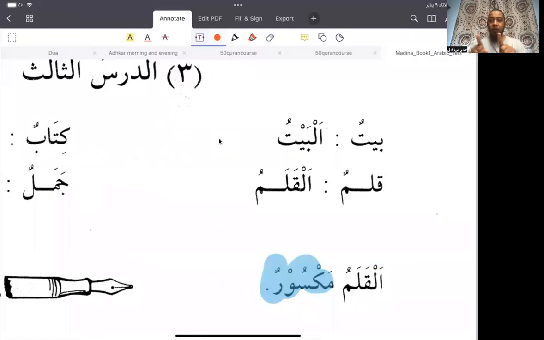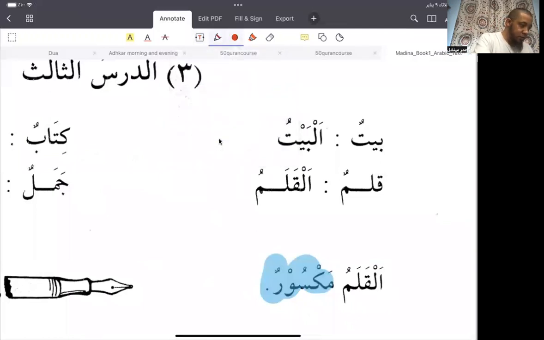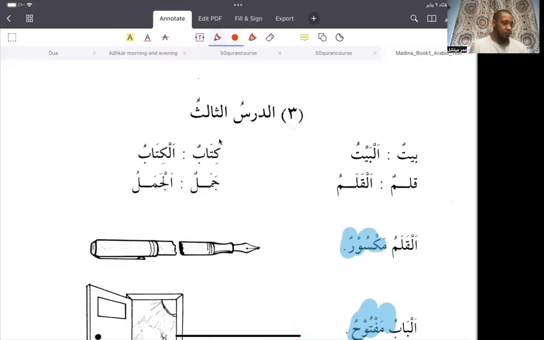Alif and lam and tenween will never coexist. You're never going to have these 2 in a word, okay? Don't worry about it. It's not going to happen.